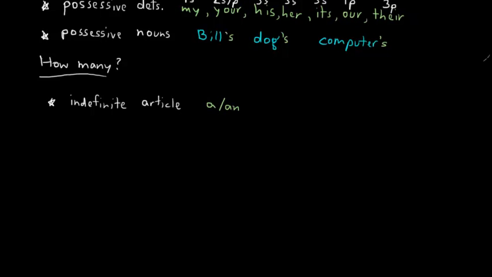Now, the indefinite determiners, or the indefinite adjectives, or the indefinite quantifiers. You'll see all three terms, they all mean the same thing. These are words like some, or all, or few, or many. Okay, and that's not all of them.